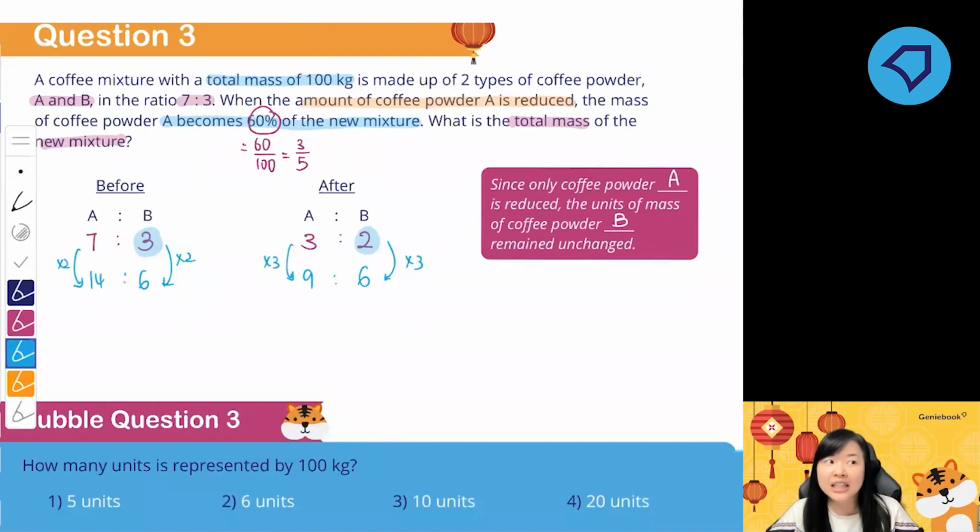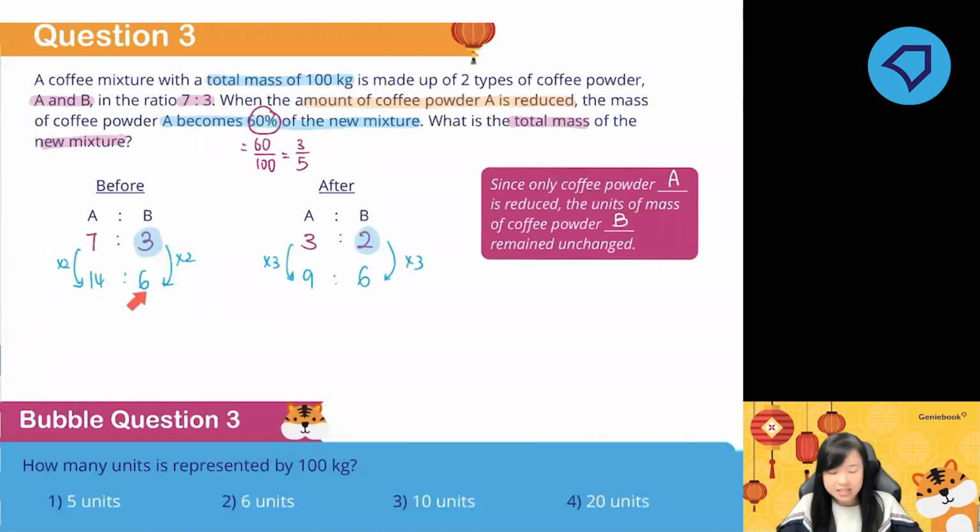Are you ready before I launch? Okay, let's go. Look at my solution, okay? This is before, 14:6. This is after, 9:6. So how many units represent the 100 kg, which is the total mass at first?